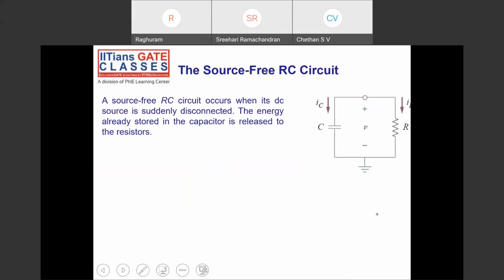So the first one, the source-free RC circuit. A source-free RC circuit occurs when its DC source is suddenly disconnected. The energy already stored in the capacitor is released to the resistor. What actually happens?